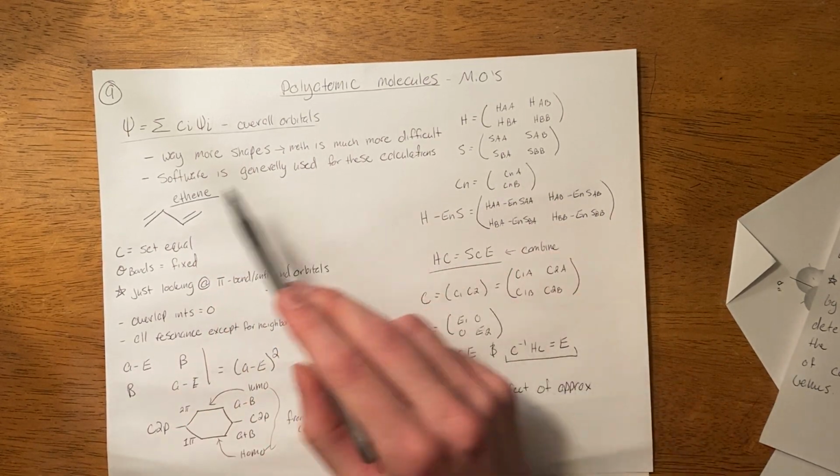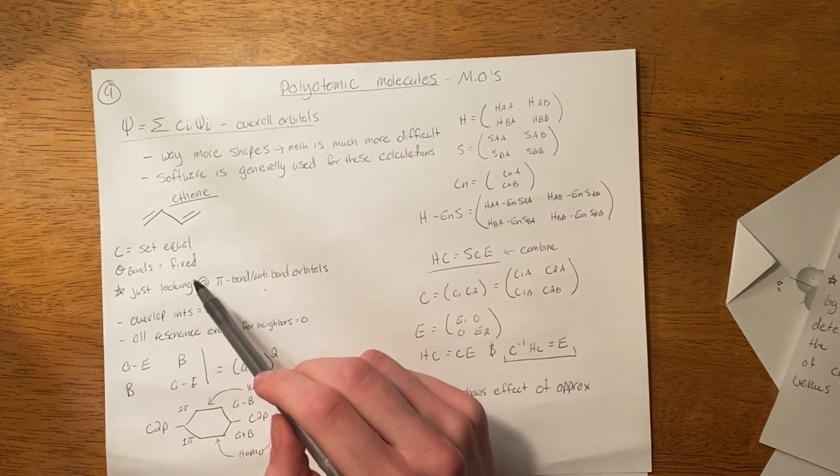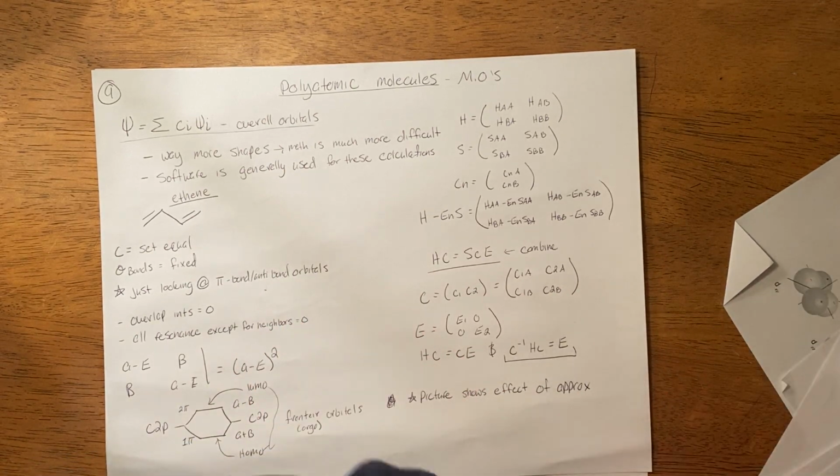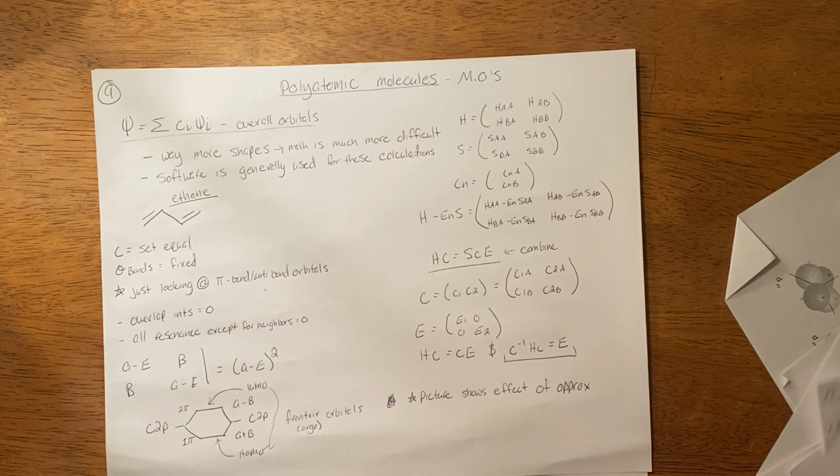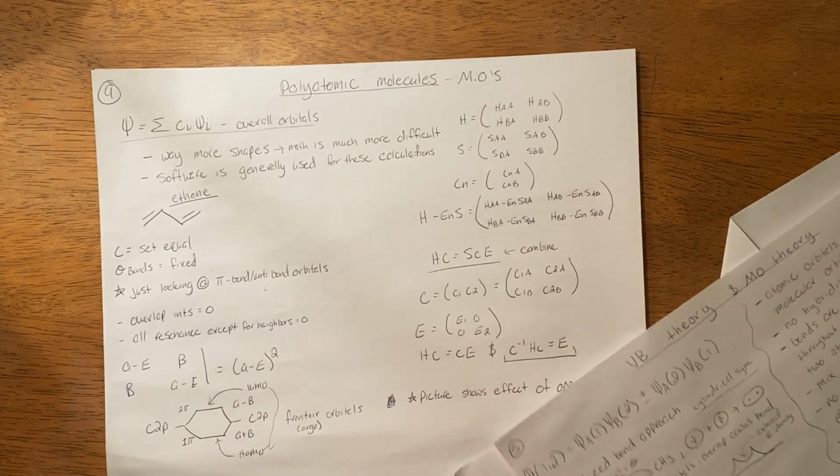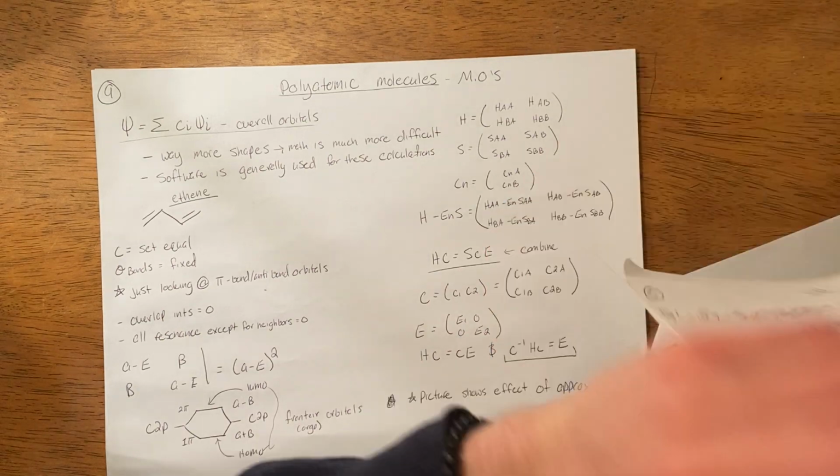The book does talk about ethene, where we make a ton of approximations in order to do some math by hand. I have another picture of just how drastically these approximations affect the math somewhere in here.